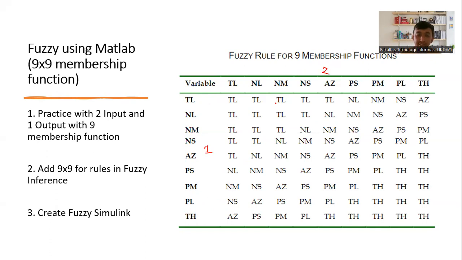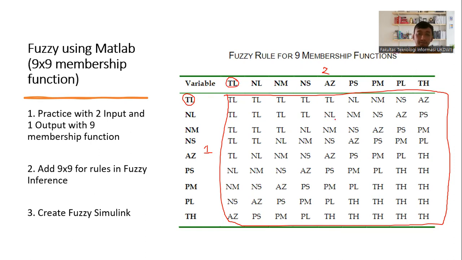And this relationship decides the output result based on input 1 and input 2. So we move to MATLAB to create the fuzzy implementation.